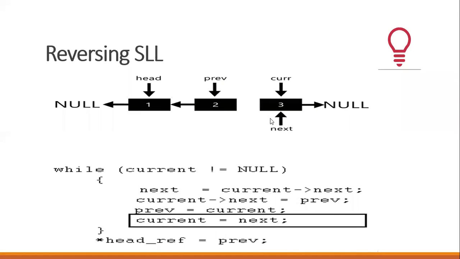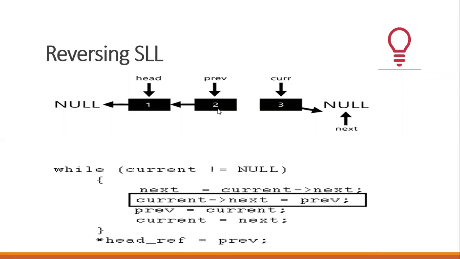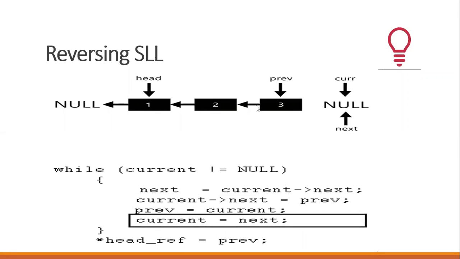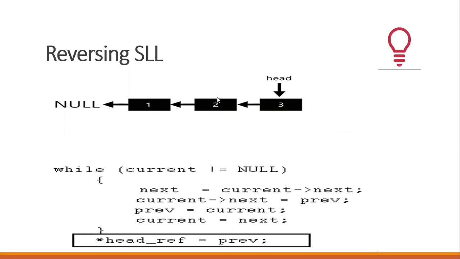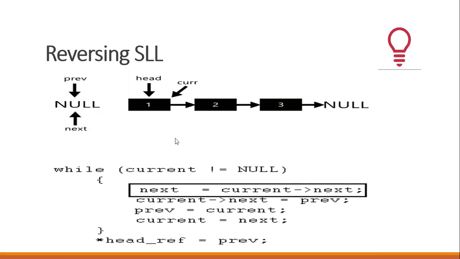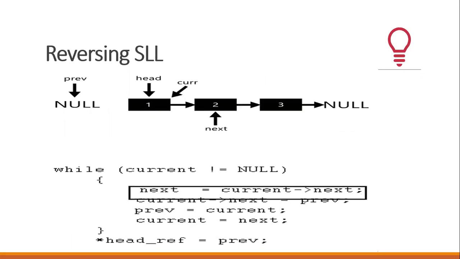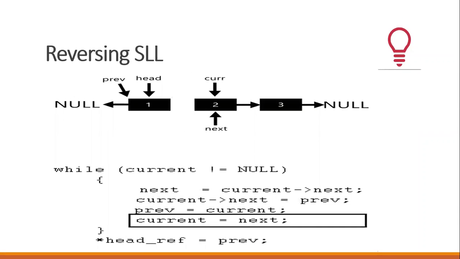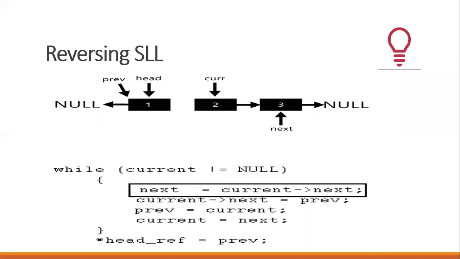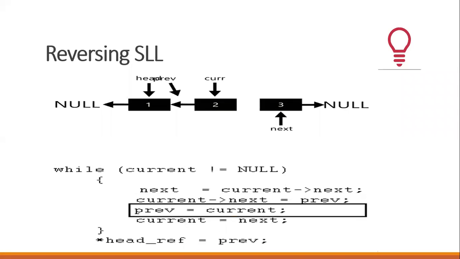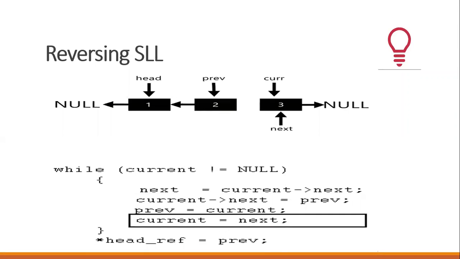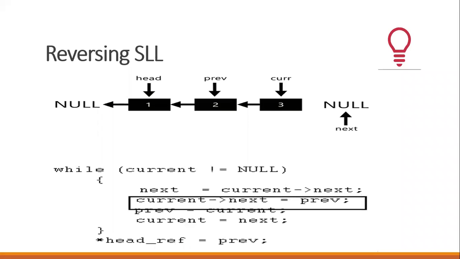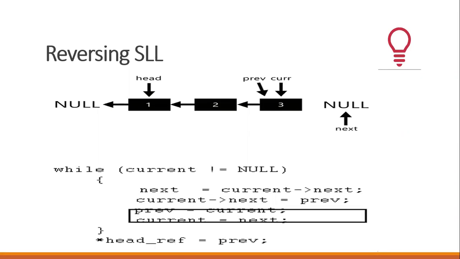Every time, first your previous and next were pointing at a particular place, your head and current were pointing to a particular place. You shift next one ahead, you shift current, and now you point your previous to current, and you do this journey till the end.